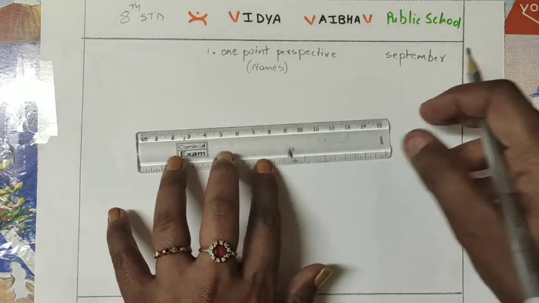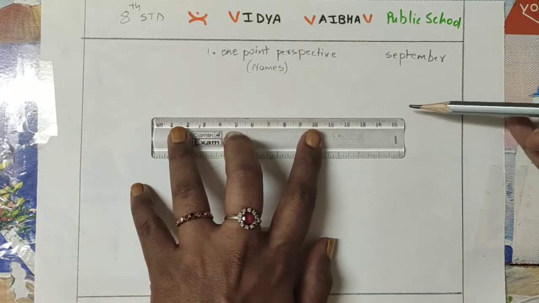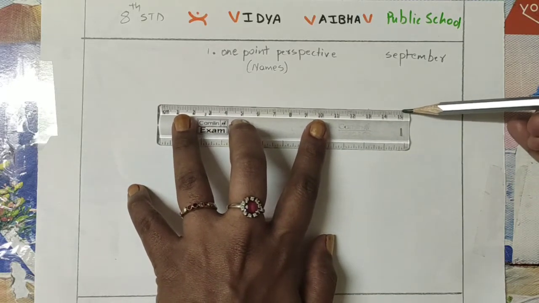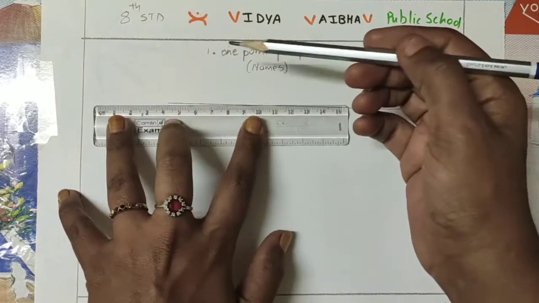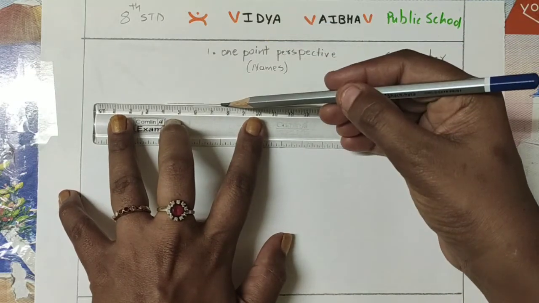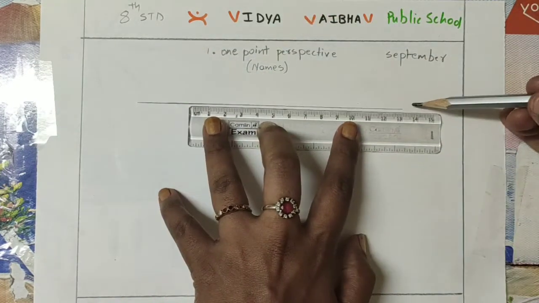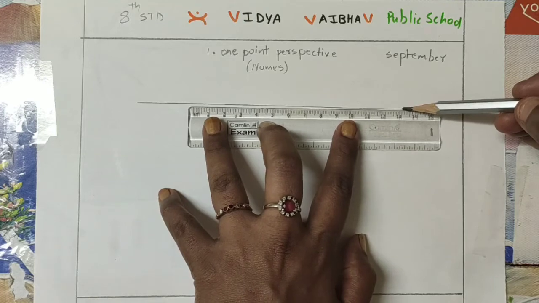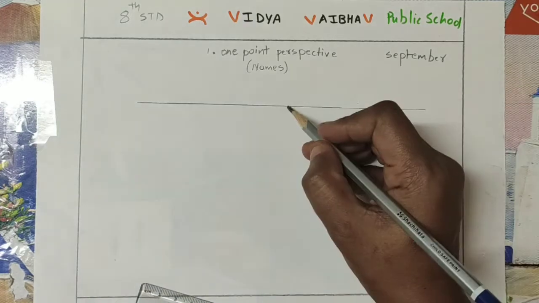Here I am going to show with the name letters A, B, C and D, the 4 letters. The same technique you can try for your names, but in your drawing book you should try A, B, C, D. The 4 letters you should use.